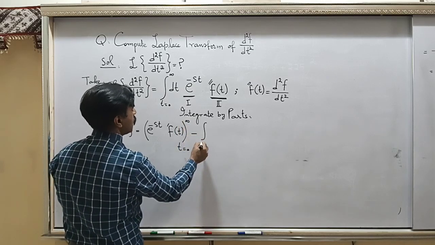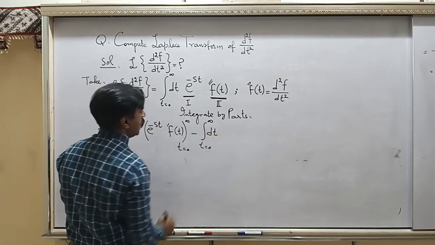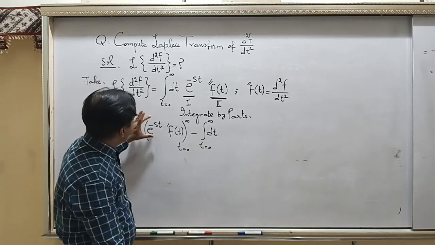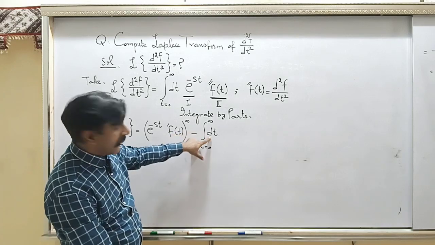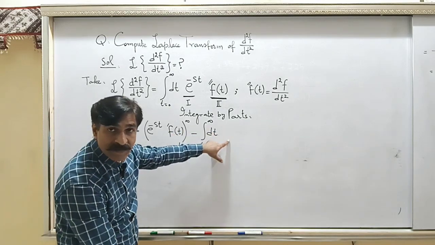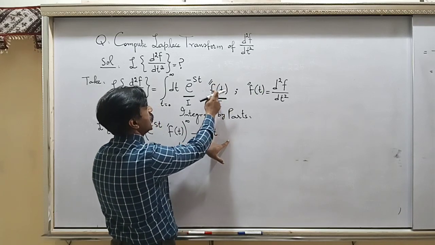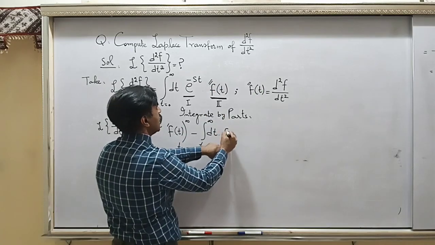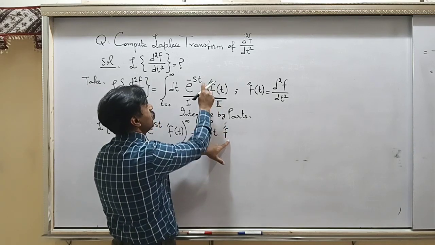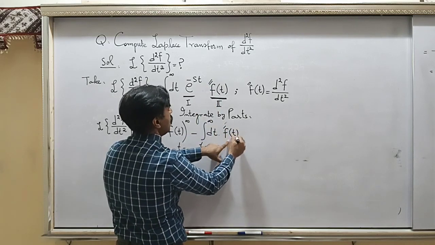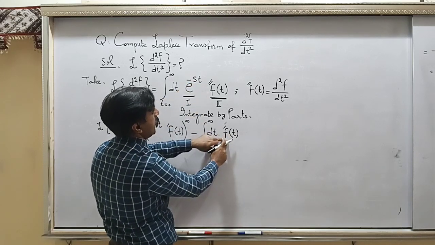Minus integral with respect to t, first function into integration of second, and the integration of the second means one prime will be erased and you will have f prime instead of f double prime.